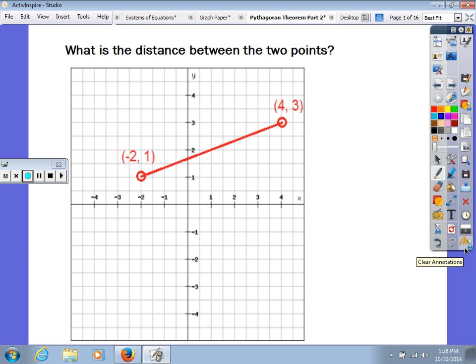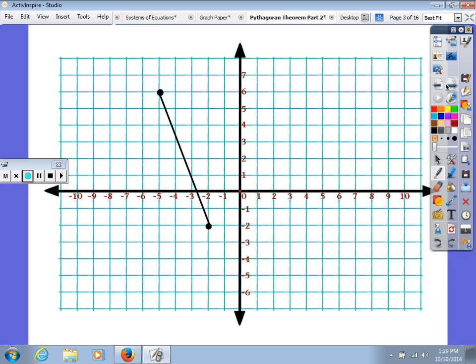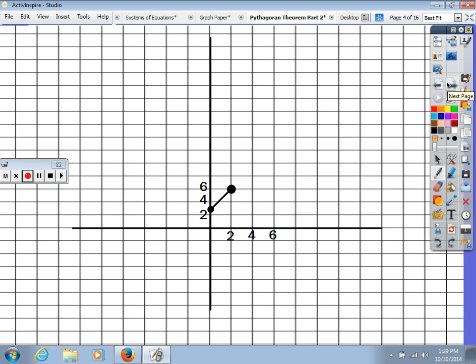Okay, let's do one more. And I actually want to do this one. This one's a little bit different because it doesn't count by ones like our other example. This one actually counts by twos. So if we look right here, this is supposed to be at 3. So from 3 to 4, there's a difference of 1. And from 4 to 6 to reach up here, there's a difference of 2. So this whole side is 3 in length.